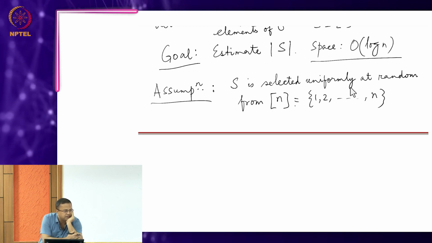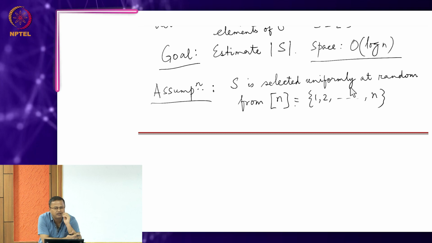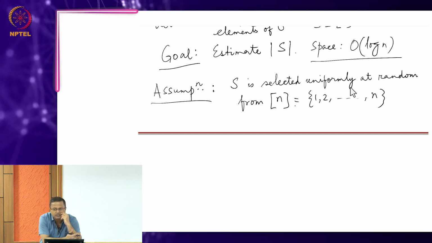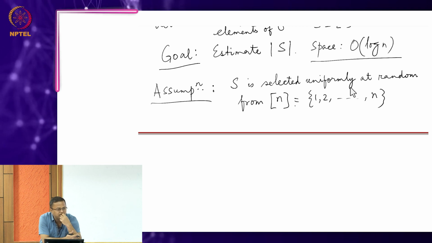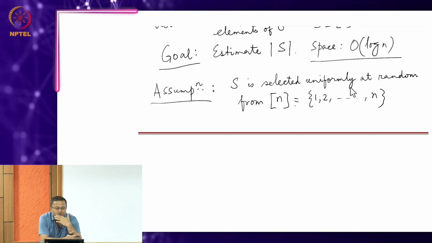So, I give you this assumption that S is not anything arbitrary, but it is a subset of these n numbers selected uniformly at random. Now, can you do anything?